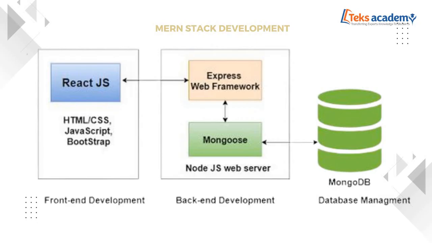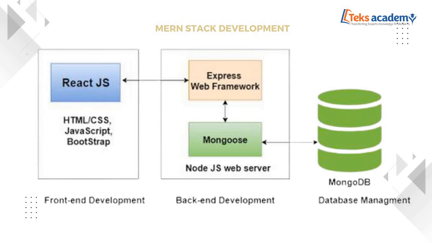So this is the architecture, how we build the application. In the front end, we go with React, along with multiple languages which are HTML, CSS, JavaScript, and Bootstrap, which is a CSS framework to build attractive applications with React.js.